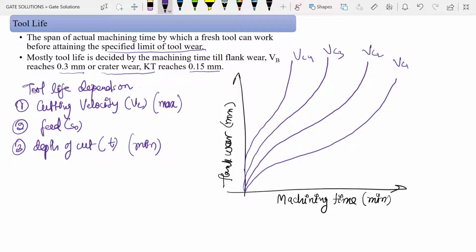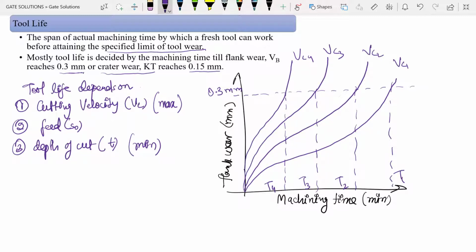Here we have defined that the flank wear is limited to 0.3 mm. So we draw the horizontal line here, which is 0.3 mm, and we project this point to the x-axis, which is T4, this is T3, this is T2, and this is T1.